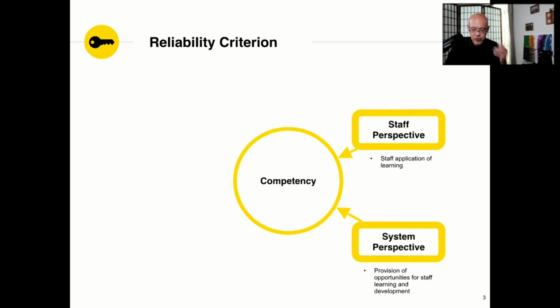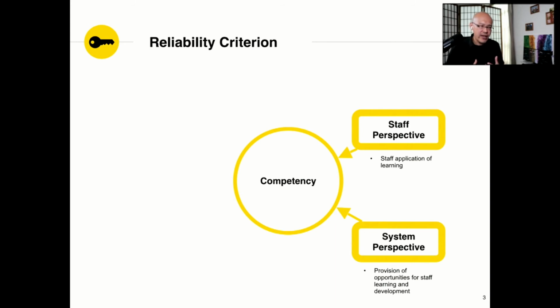And so the means to an end is that teachers are able to implement. And so we want to look at percentage of staff able to apply their learning in the classroom, right? And here, obviously, what we want to see is ideally a large majority of our teachers, or if not everyone.